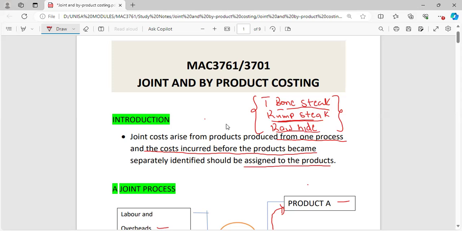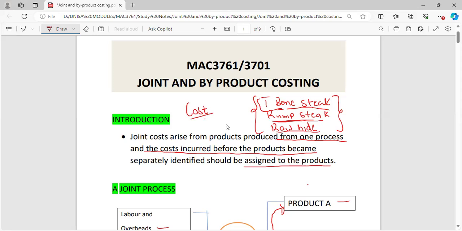So the process itself, the cost of the process or the joint cost will now be allocated to these joint products. So that's joint and byproduct costing, which means the cost of slaughtering the cattle will now be allocated to these joint products.